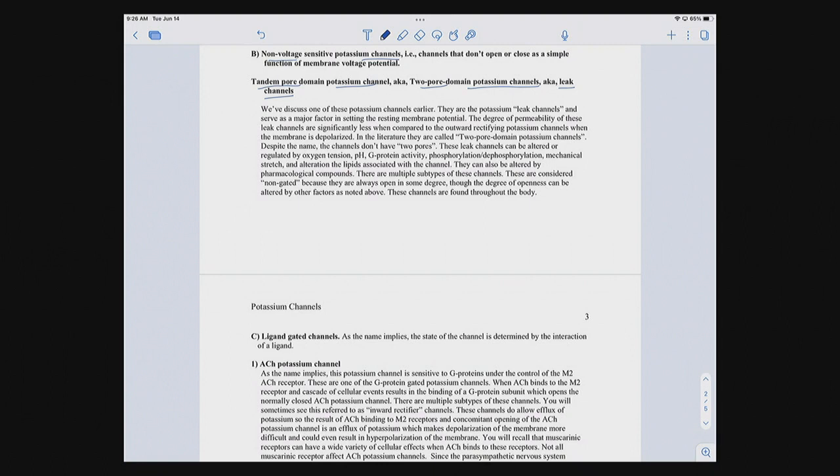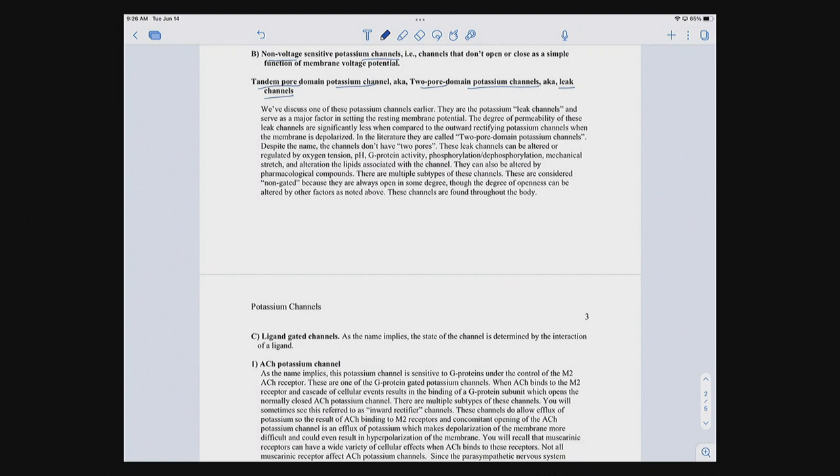Now, one point of possible confusion that I want to make sure we're clear on is that even though potassium will efflux through these leak channels, the degree of permeability of a leak channel is way, way less than the degree of permeability of the voltage-sensitive potassium channels we spoke of earlier.